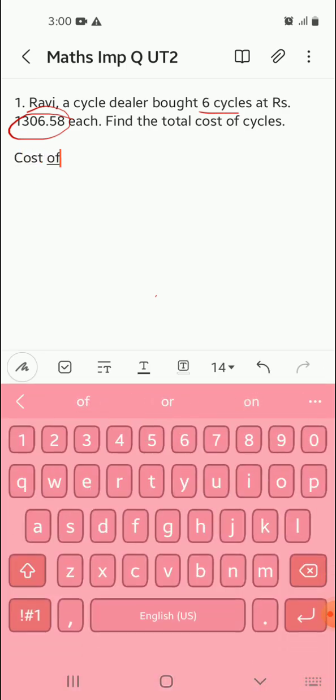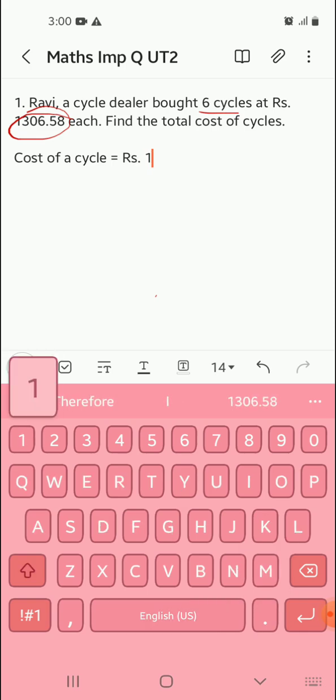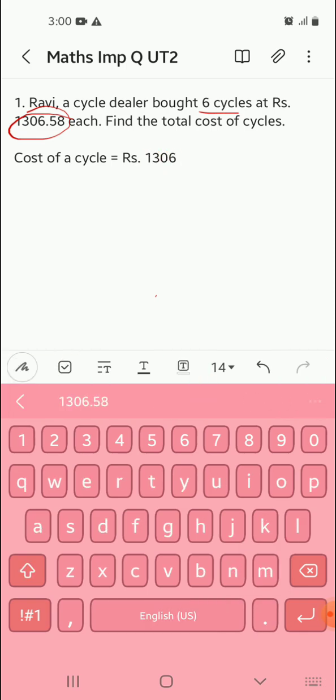Cost of a cycle is equal to rupees 1306.58. Now we have to find the total cost of the cycles, that is cost of 6 cycles.